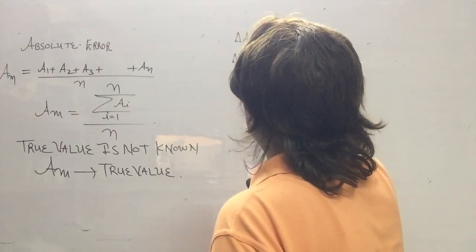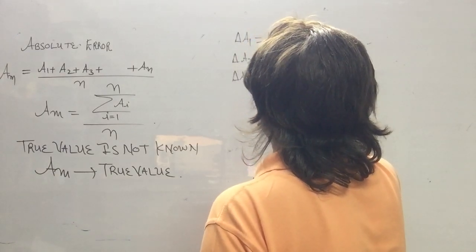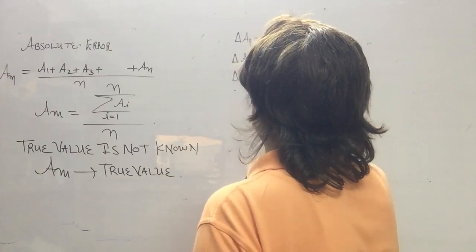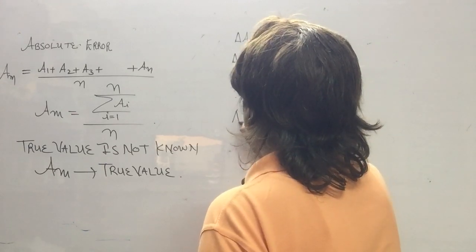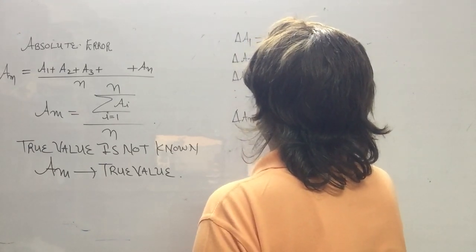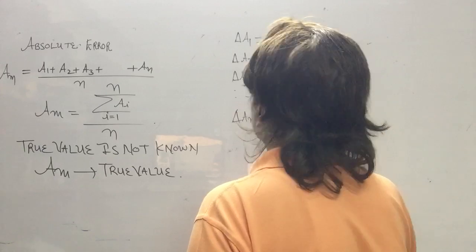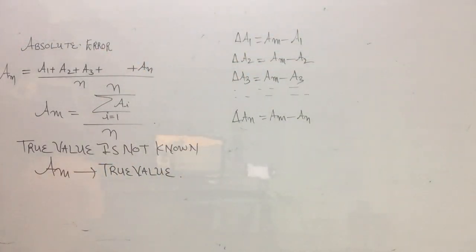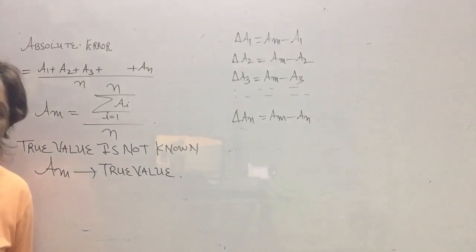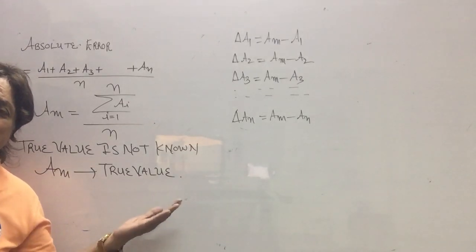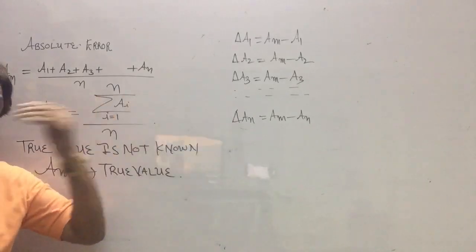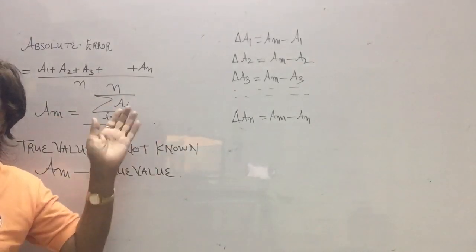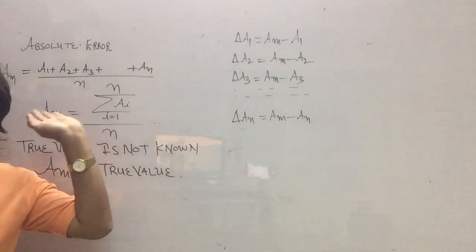Delta A3, AM minus A3, so on. Delta AN, AM minus AN. So delta A1, delta A2, delta A3, so on to delta AN, these are all called absolute error.